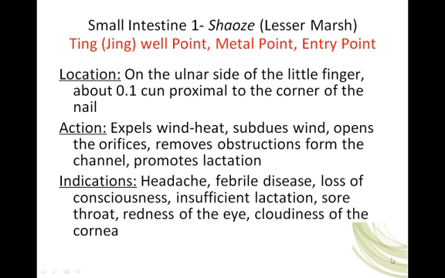Actions: expels wind heat, subdues wind, opens the orifices, removes obstructions from the channels, and promotes lactation. Indications: headache, febrile disease, loss of consciousness, insufficient lactation, which is production of breast milk, sore throat, redness of the eye, cloudiness of the cornea.